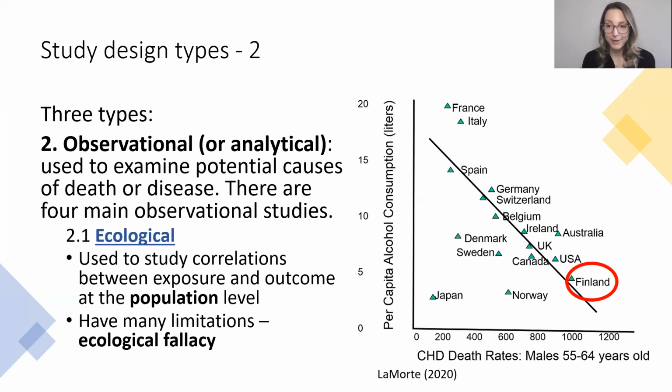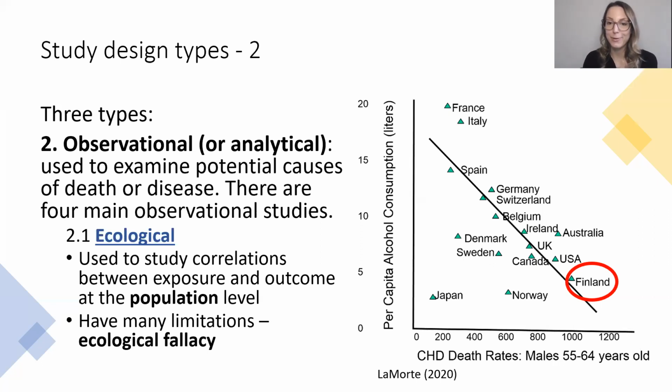So what's actually likely happening is that a handful of people in Finland who are really avid binge drinkers are the ones that are being diagnosed with cardiovascular heart disease and dying from it, whereas the rest of the population is probably more light to moderate drinkers.